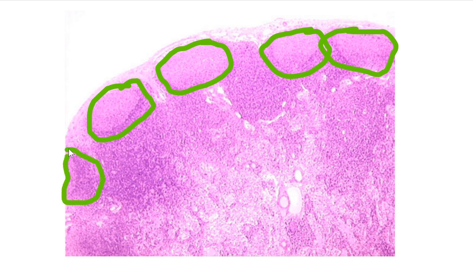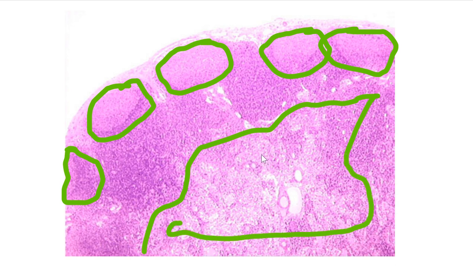The slides are always different. Every slide is always going to be different than the last. So there I've circled some of the follicles that are present. This area here would be your medulla, and then this would be your cortex out here.